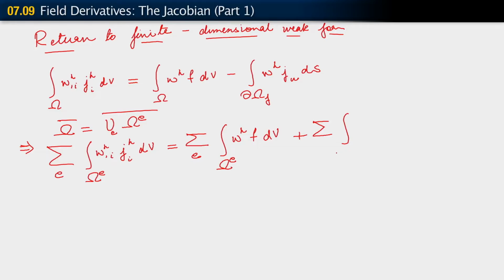Remember that now it has to be over elements that have a surface coinciding with the Neumann boundary, of w^h j_n, and I've got to be careful with signs because this is not a plus, it's a minus, ds.